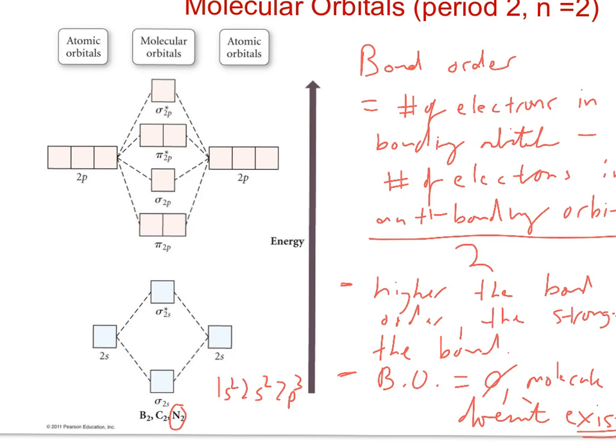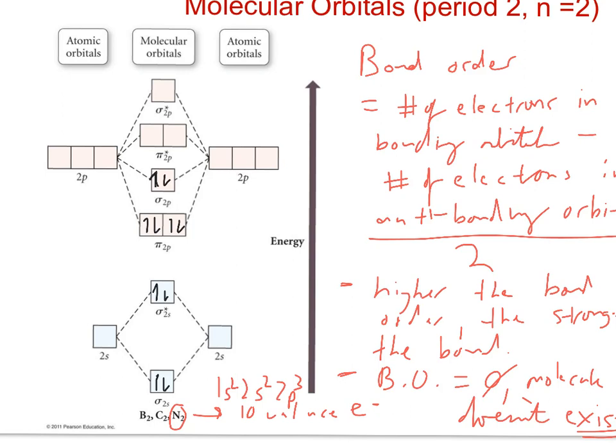So N2 has 10 valence electrons. So if we start filling in electrons, 1, 2, 3, 4, 5, 6, 7, 8, 9, 10. Those 10 valence electrons fill up the orbitals.